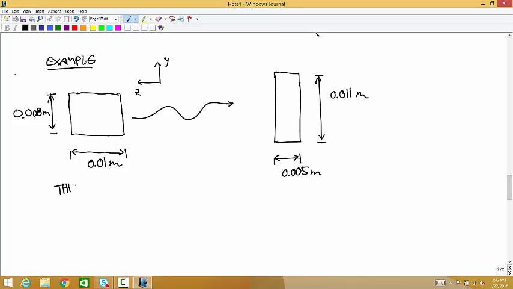And let's say the thickness into the page stays the same. What's the normal strain?